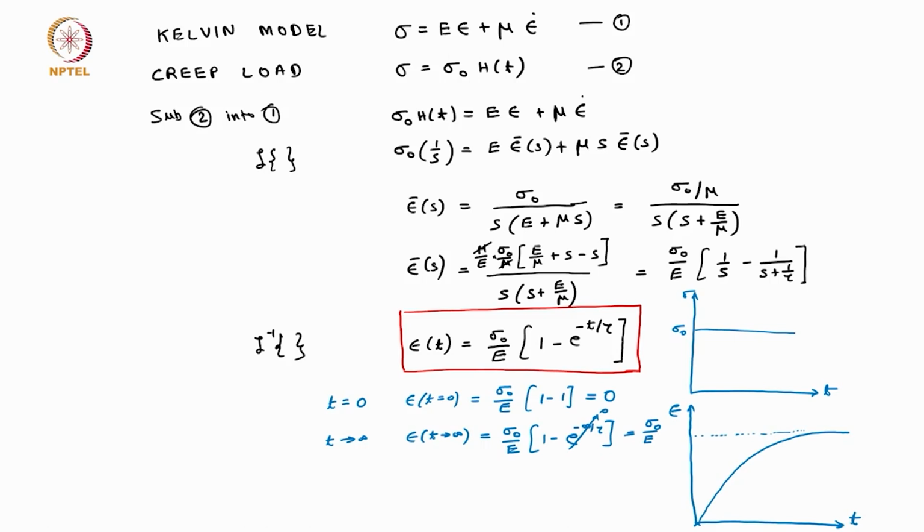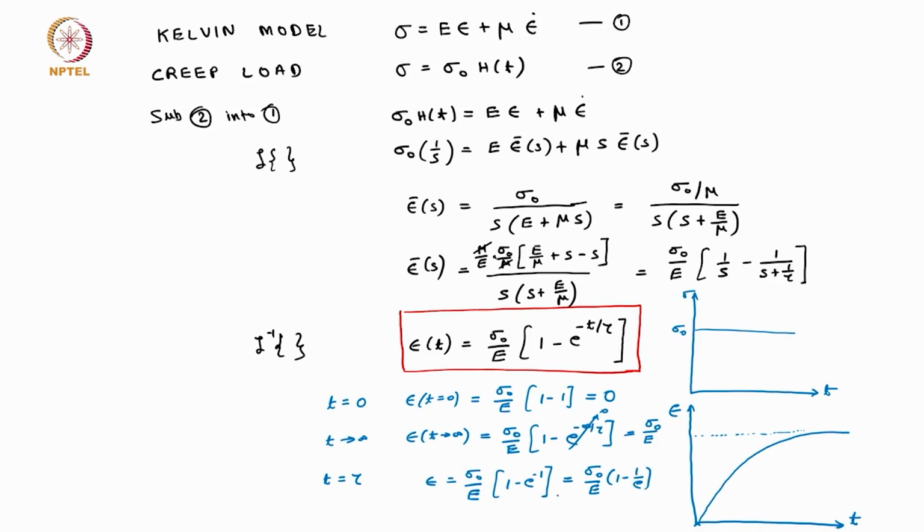But now also let us look at what happens at relaxation time tau. When we replace time t with the relaxation time tau, the corresponding strain is sigma naught by E times 1 minus e power minus 1, because tau by tau is 1. So, 1 minus 1 by e.